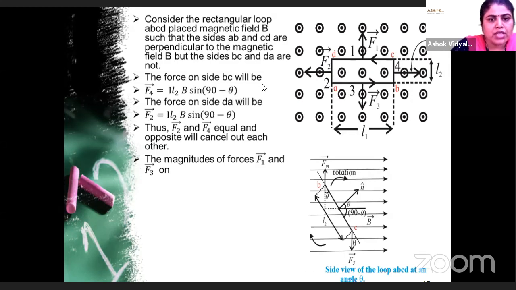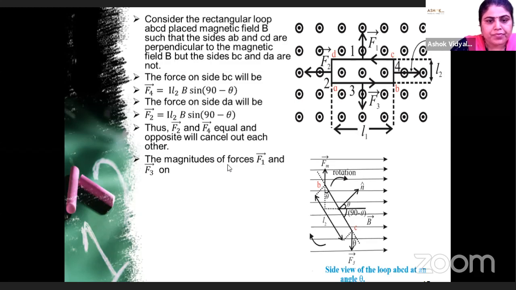The force on the side BC will be F4 bar, which is equal to I L2 B sine in bracket 90 minus theta. The force on the side DA will similarly be F2, which is equal to I L2 B sine 90 minus theta. Thus F2 and F4 are equal and opposite, that means having the same magnitude but opposite direction, so they cancel out.